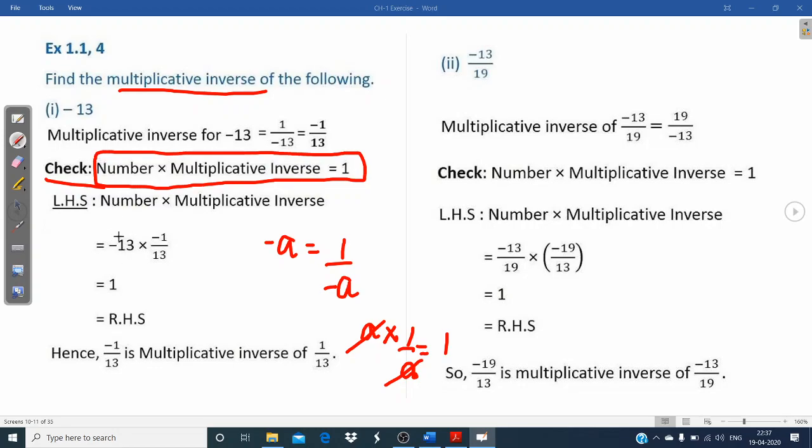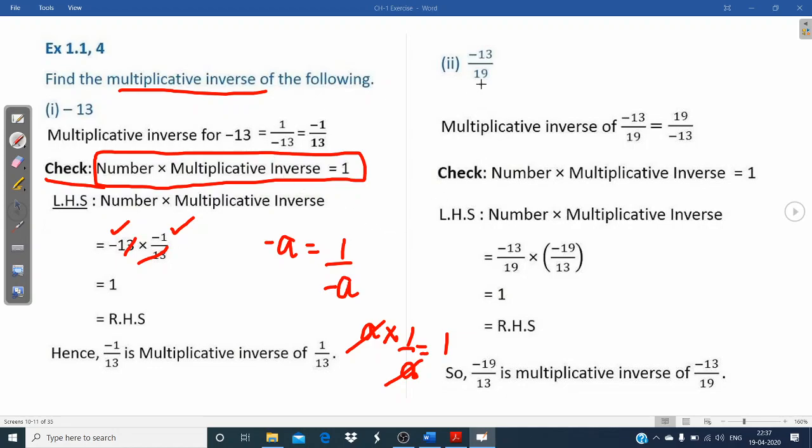Now, what was your number? Minus 13. Its multiplicative inverse is minus 1 upon 13. When you multiply these two, 13 and 13 will cancel out, and minus 1 into minus 1 gives plus 1. This is equal to RHS, which means the value you took as the multiplicative inverse is correct.